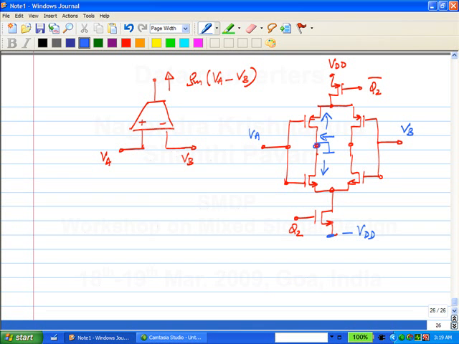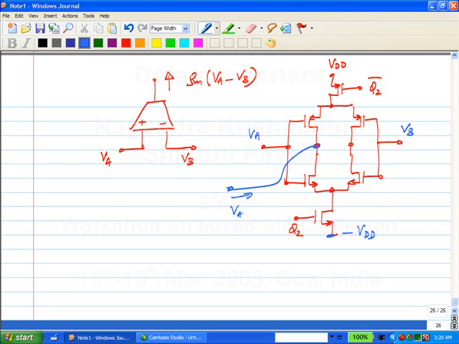Similarly, this current is in the opposite direction. Correct? So you can think of this as giving you both the currents that you are looking for, right? The Norton equivalent looking here is that this current going in is proportional to VA minus VB.